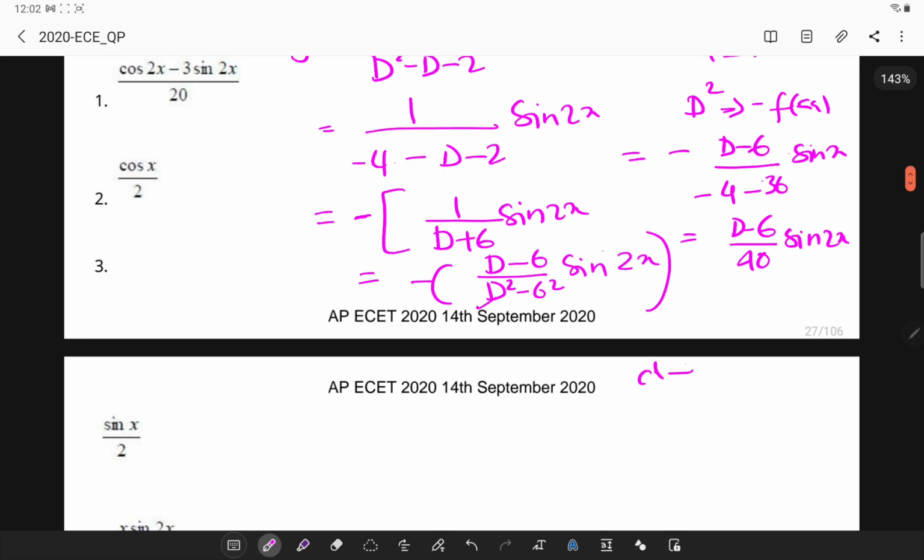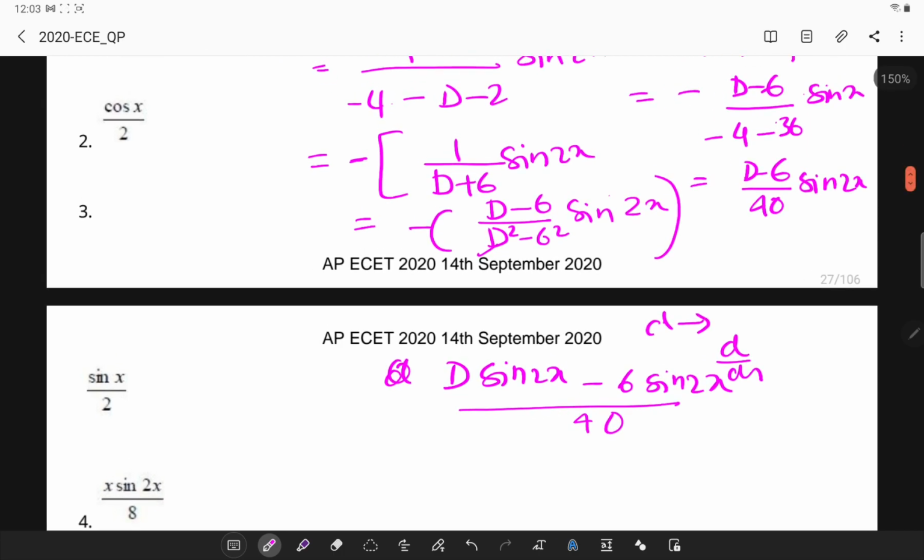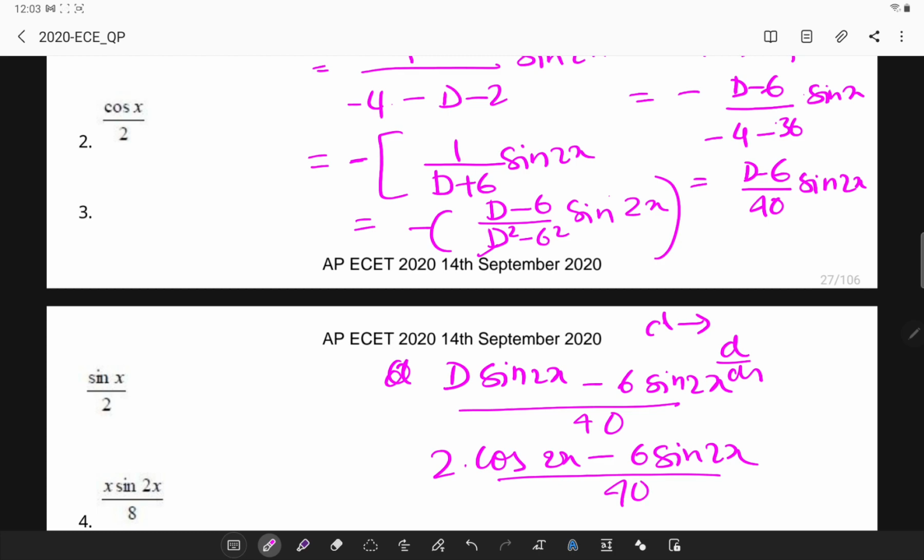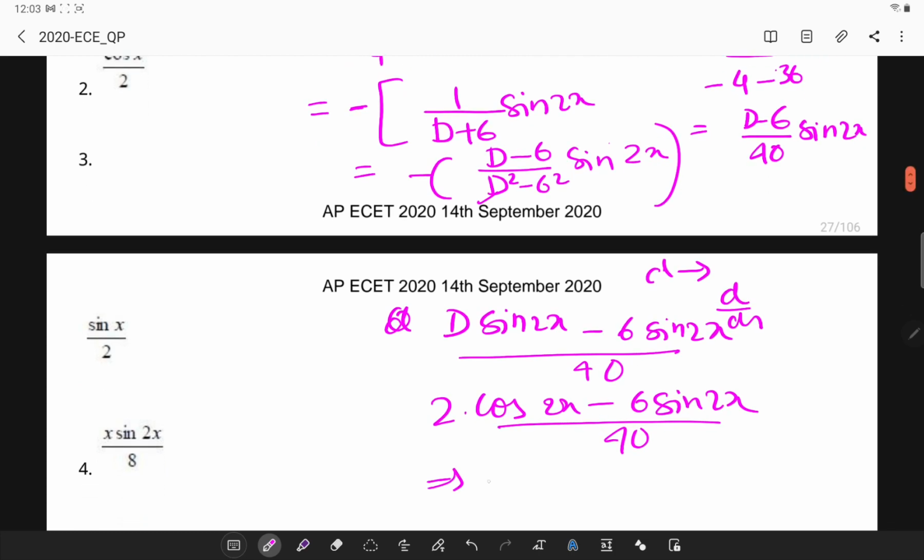So d is nothing but derivative, so d of sin 2x minus 6 sin 2x divided by 40, or d by dx of sin 2x is 2 into cos 2x minus 6 sin 2x by 40, or I can write it as cos 2x minus 3 sin 2x divided by 20.